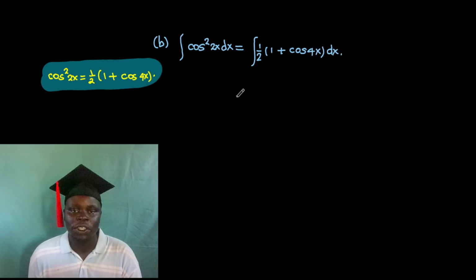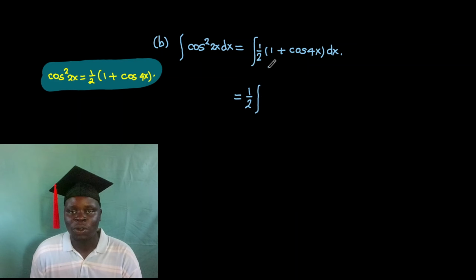At this stage, I will instead factor out 1/2 here, because in our first question we just opened up this bracket, but here we shall open up after finding our integral. So here we have an integral of 1 plus cos 4x with respect to x.